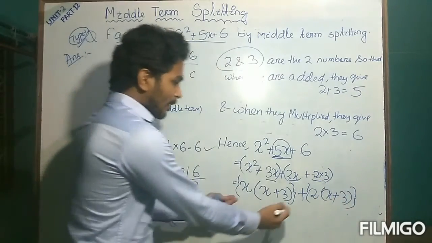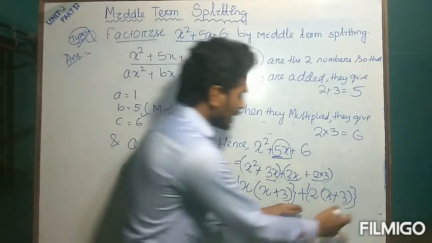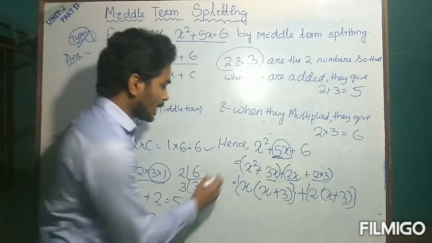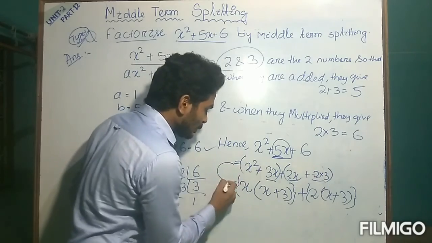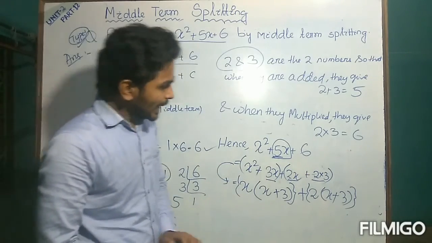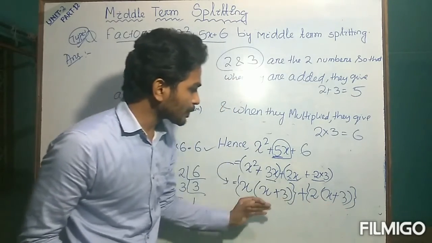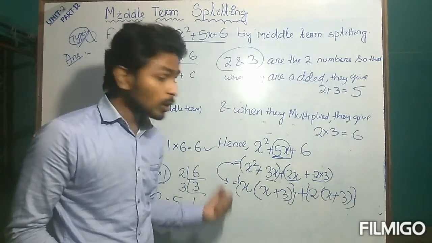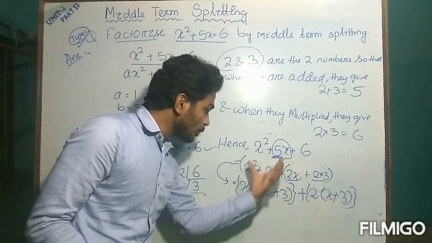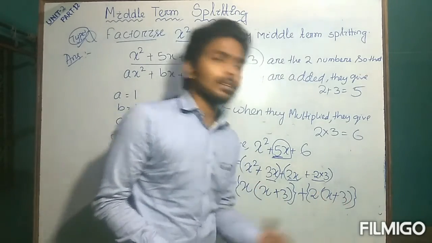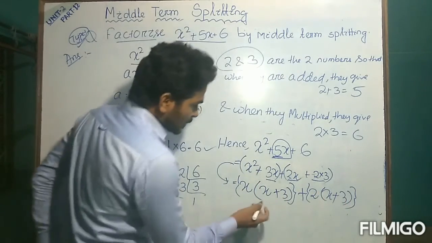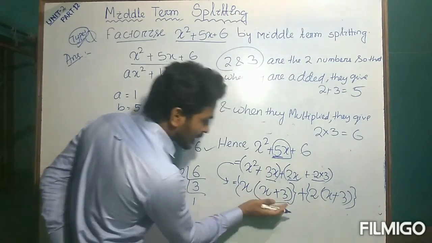Again, this is the first term, this is the second term. Now can you say which term is common in both the first term and the second term? As we know, x plus 3 is present in the first term.